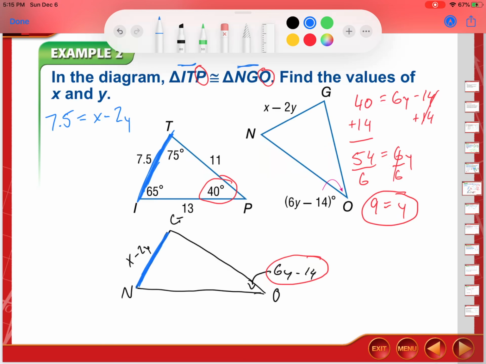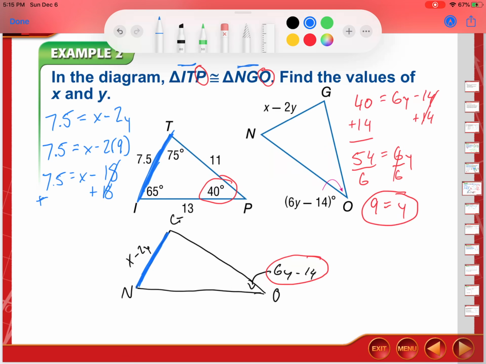We have 7.5 equals x minus 2y. Now, we already have the y value, so we're going to substitute it in. So we still have 7.5 equals x minus 2 times 9. If we work that out, we end up with 7.5 equals x minus 18.